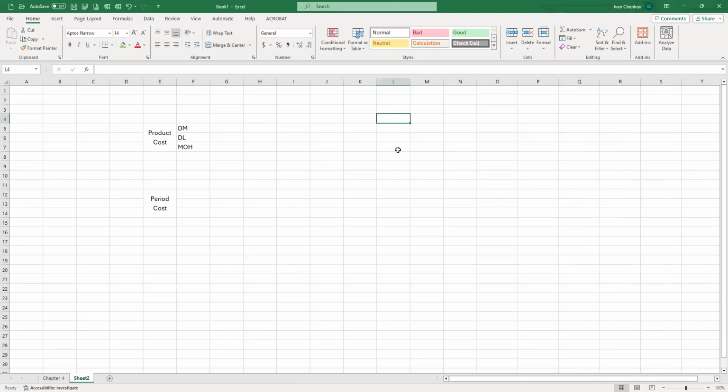So here will be my income statement somewhere. Now we're going with the traditional format income statement.